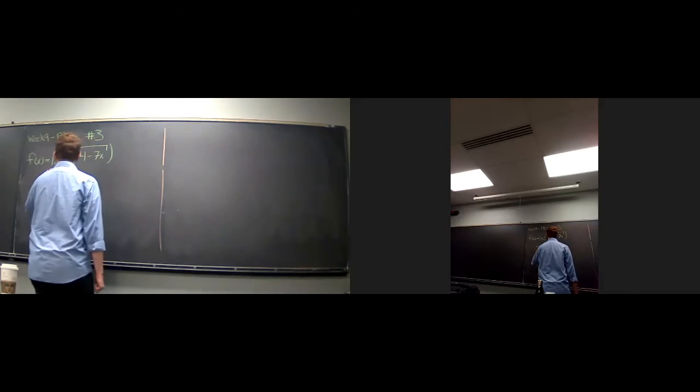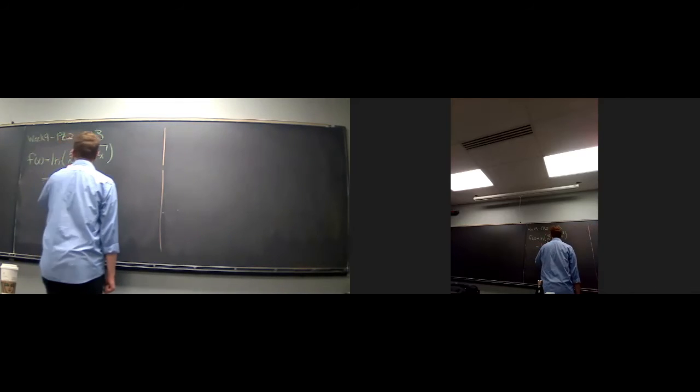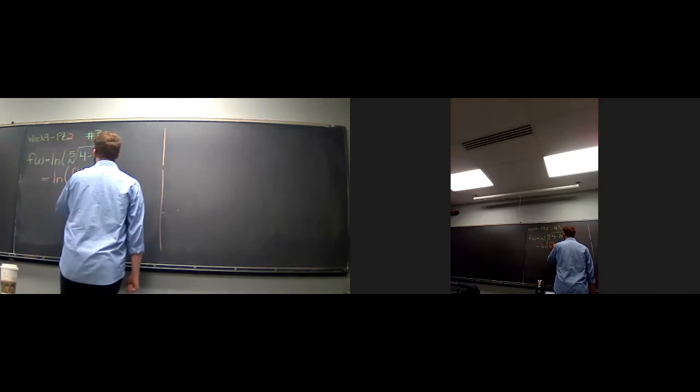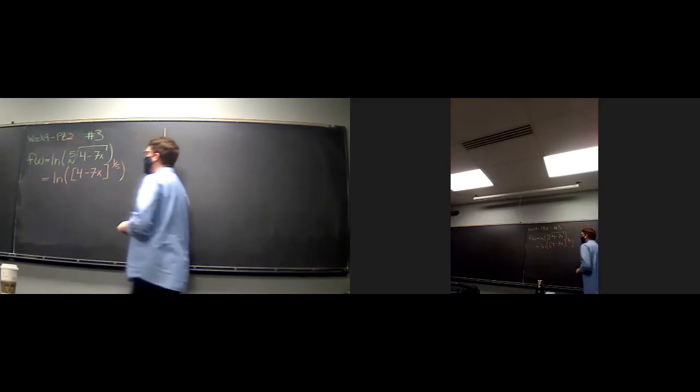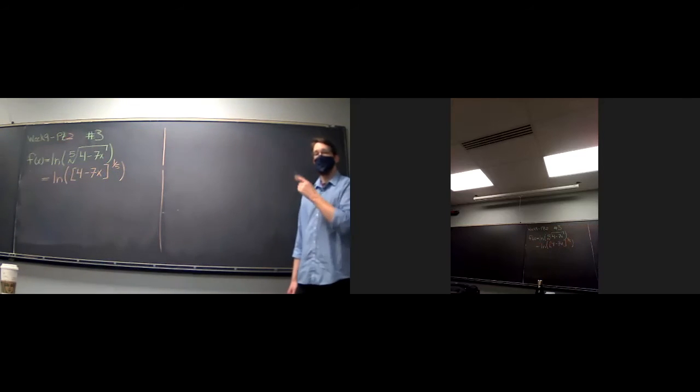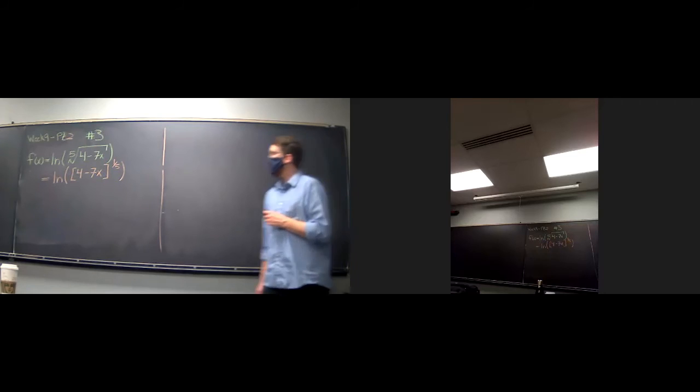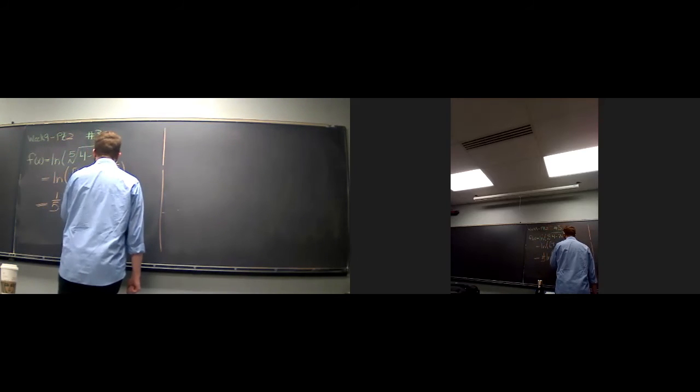When we rewrite it, it's the ln of 4 minus 7 times x, all that raised to the 1/5 power, because that's the 5th root, right? Well, by the power properties of logarithms, we can rewrite this now as 1 over 5 times the ln of 4 minus 7x.